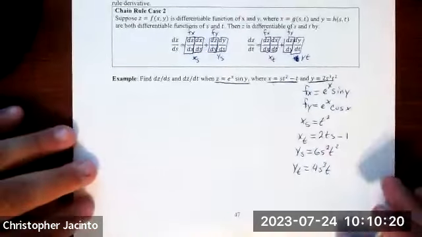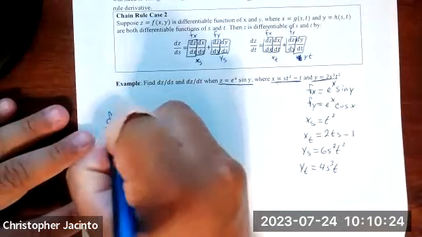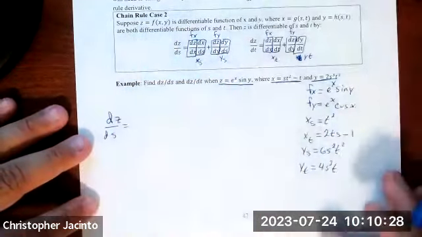Okay. All right. Now that we have all that information, we just plug it in where they're supposed to be. So first we'll do dz/ds. We'll just follow this template above.